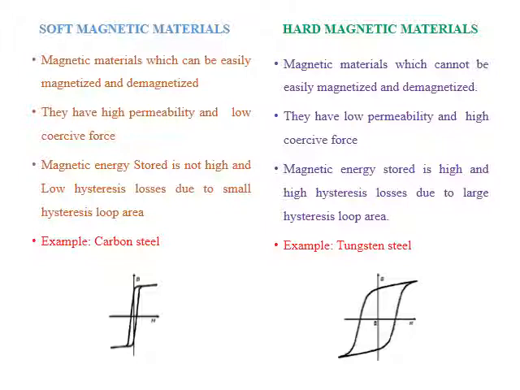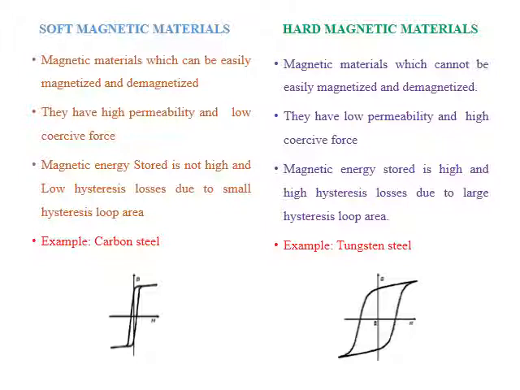But hard magnetic materials have a very broad hysteresis loop. They do not get magnetized or demagnetized that easily. They have low permeability and high coercive force to remove the magnetic field energy, and these materials are capable of storing high magnetic energy.